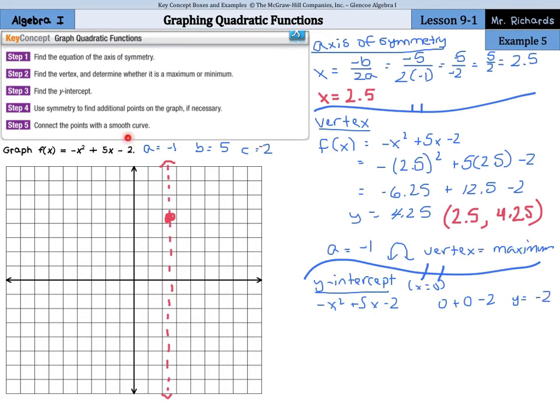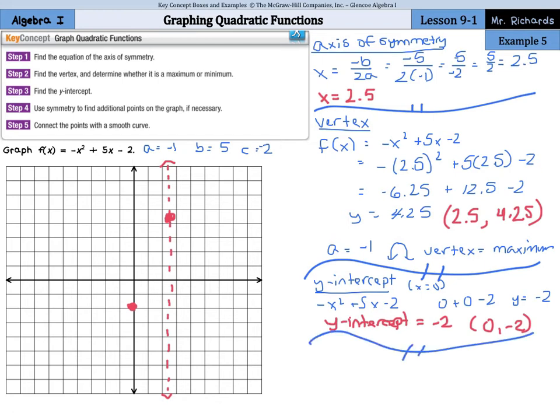Or we could just look at our c here and see that it's negative 2. So the y-intercept is at negative 2, which, if you remember, is at the point 0, negative 2. So I can draw 0, negative 2 now as my y-intercept.